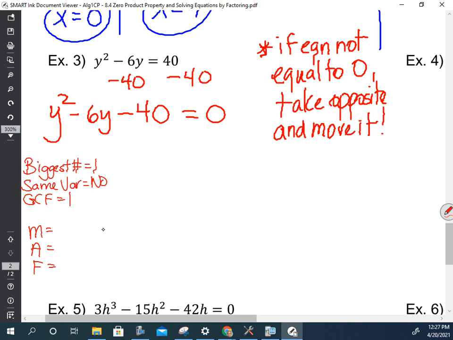M is the last term, negative 40. A is the middle term, negative 6. So we need two numbers that multiply to negative 40 and add to negative 6.